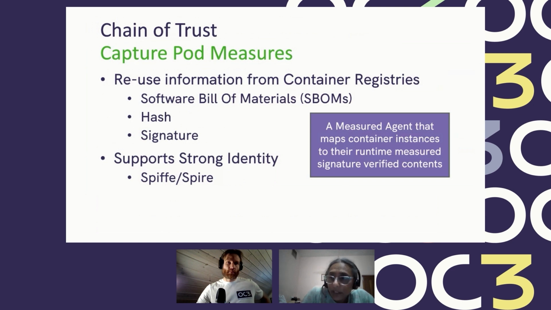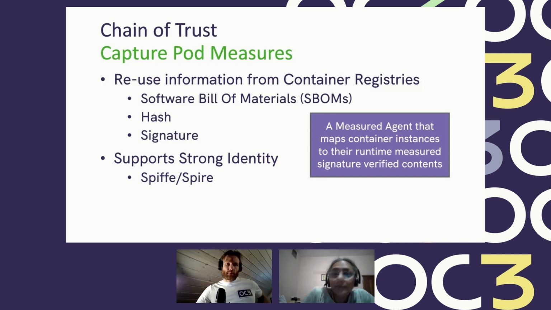But from that point onwards, we hand off to that Kata CoCo agent to pull down the pod image, to then ensure that the pod is signed, all the containers in it are signed, the values that they're expecting are exactly what you get, and so on. So you can use things like software bill of materials, hash, signature, etc., to establish that what you're downloading is exactly what you're getting.